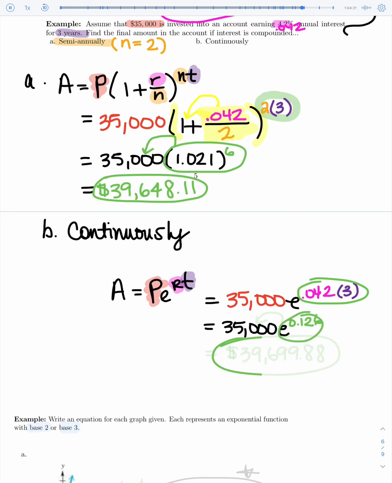So now I can do my exponent, e to the 0.126, and then multiply it times the 35,000 at the end. This gives us a total of $39,699.88 if we go ahead and round. And that's our final answer if we compound our interest continuously over 3 years.